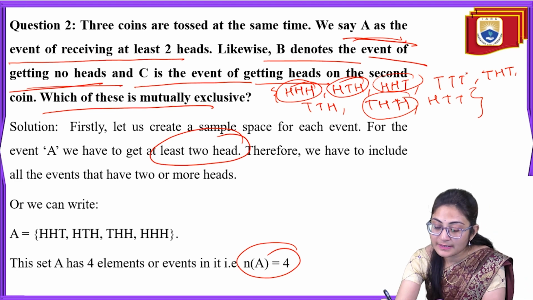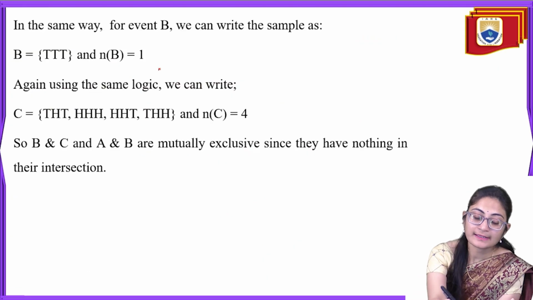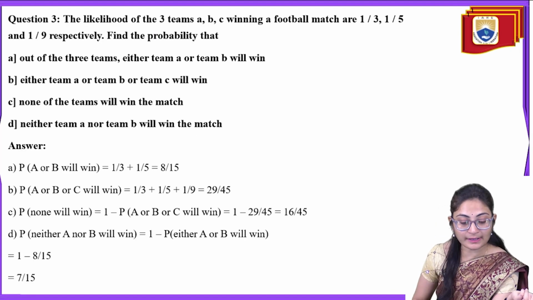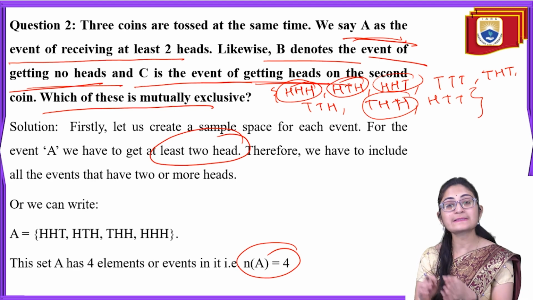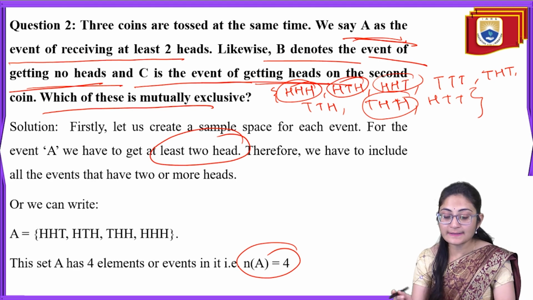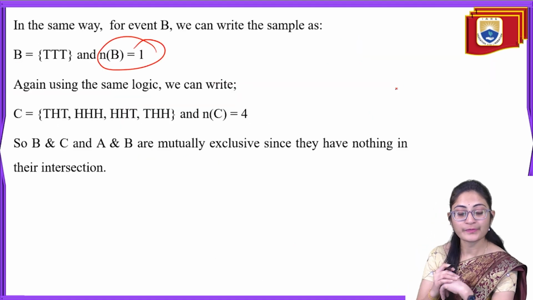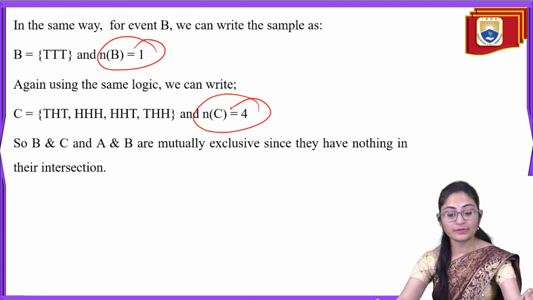No heads means just tail, tail, tail. That is n of B will be 1. Now using the same logic we can write event C, getting heads on the second coin. Only second coin: 1, 2, 3 and 4. Again there are 4 events, so n of C is 4.